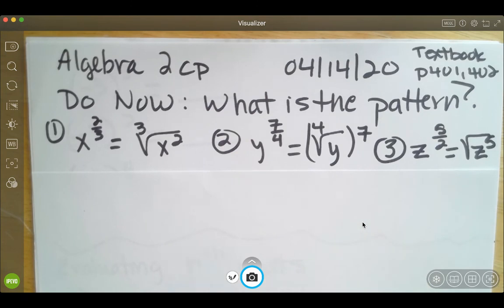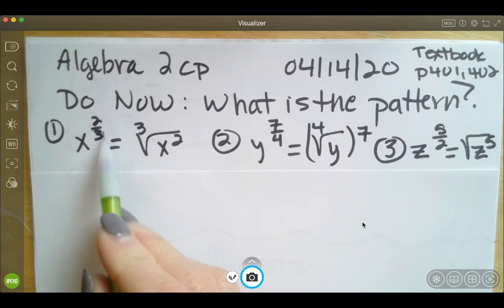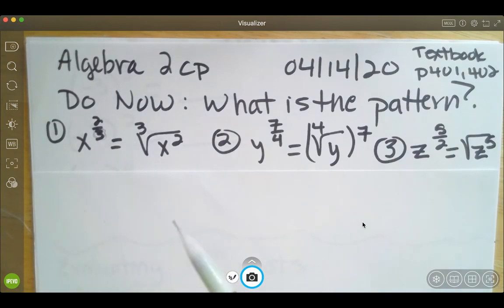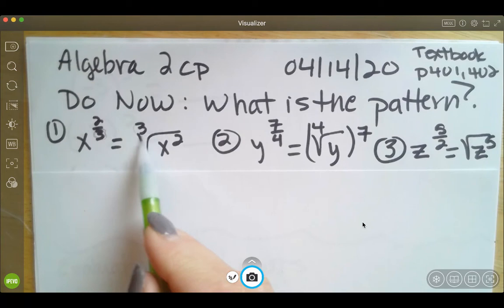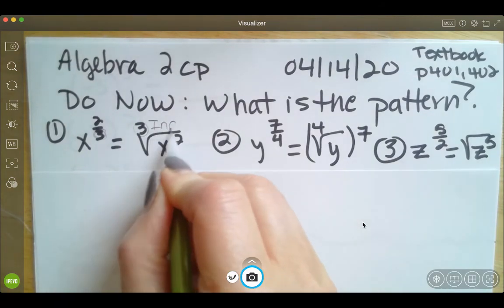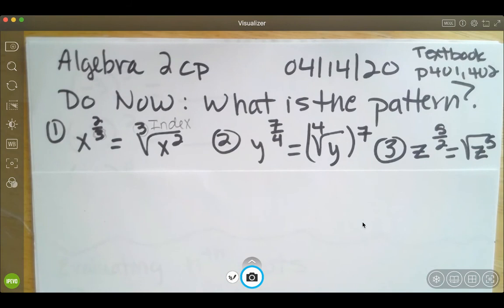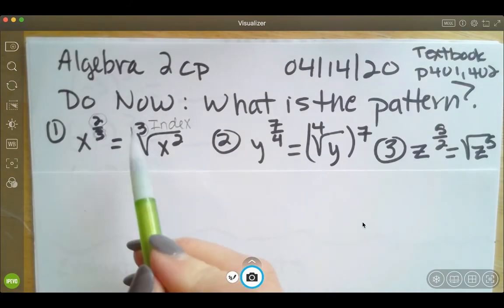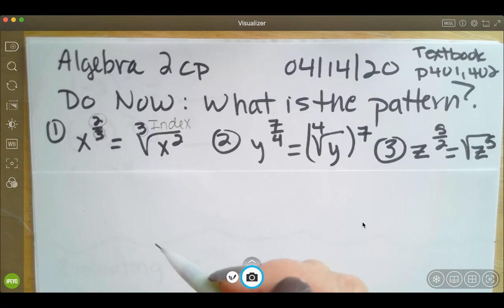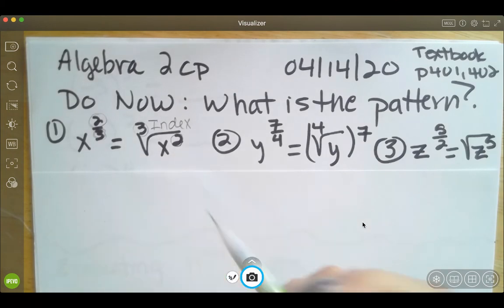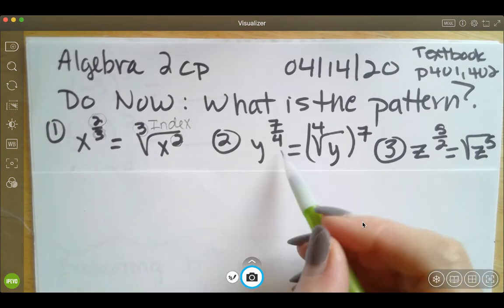Did you notice that the denominator of the rational exponent or fractional exponent is the root number, and that root number is called an index? And did you notice that the numerator of the fractional or rational exponent is the exponential power? Same thing here. Here's the denominator.